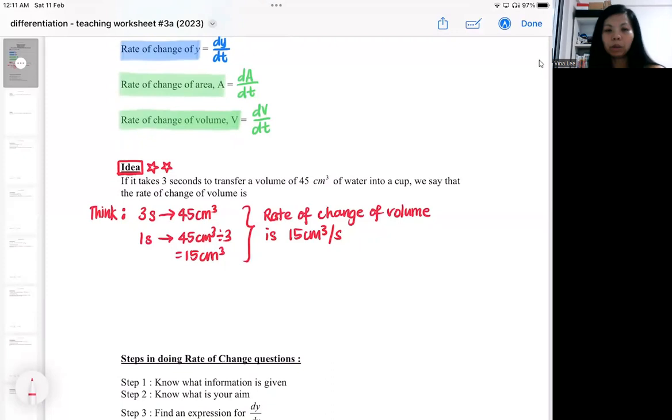In primary school thinking, that's our thinking, but we don't show it. So in a way, we translate it to how fast the volume is changing. The volume is increasing 15 cubic centimeters for every 1 second. We assume constant, so it doesn't get faster or slower. And in notation, that means this is dV/dt.